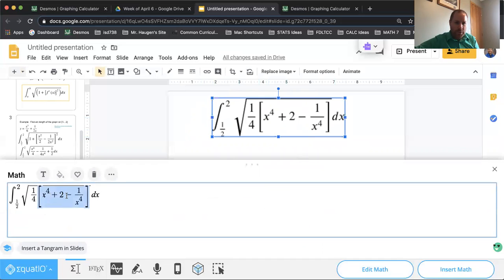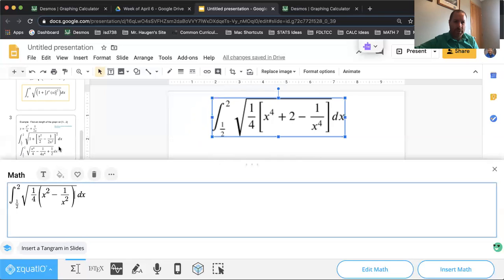This portion, if we remove that, would be this part, but the square root of it, so x squared, and then we'd also have our minus 1 over x squared in that case. So that's what that can factor into, right?